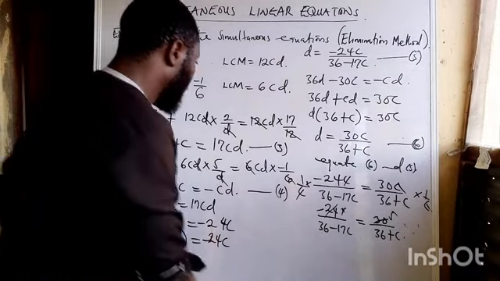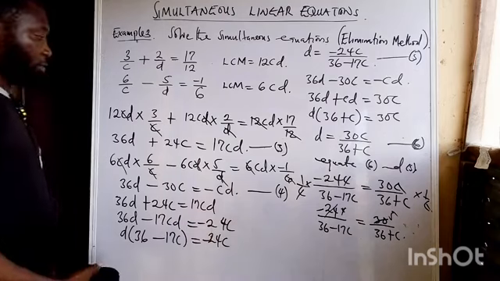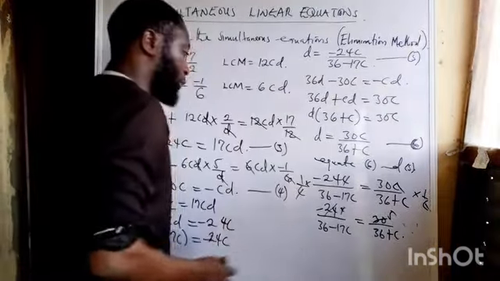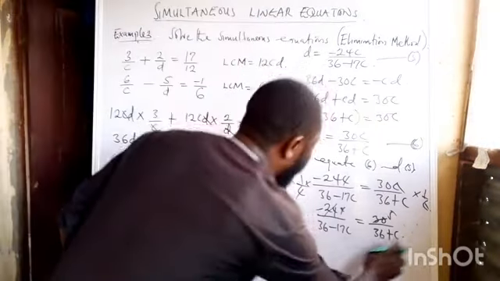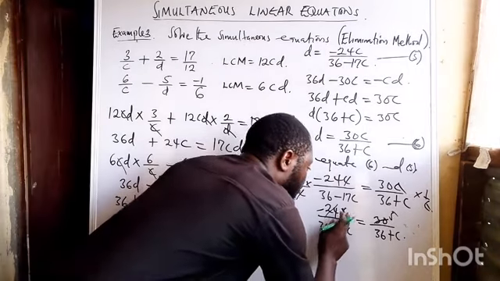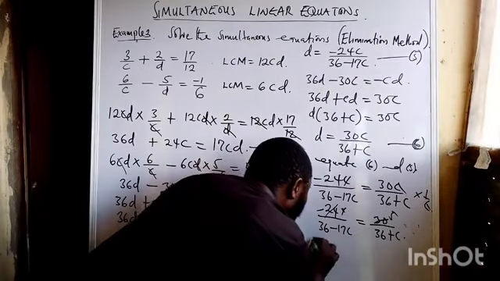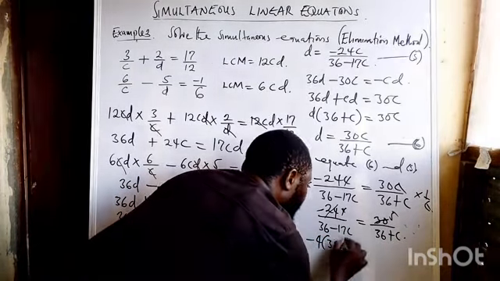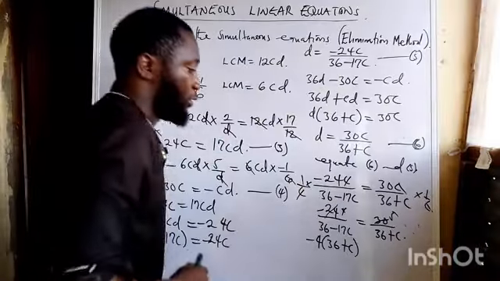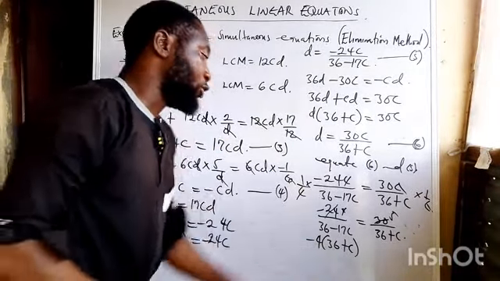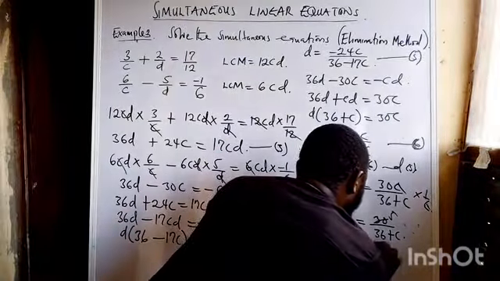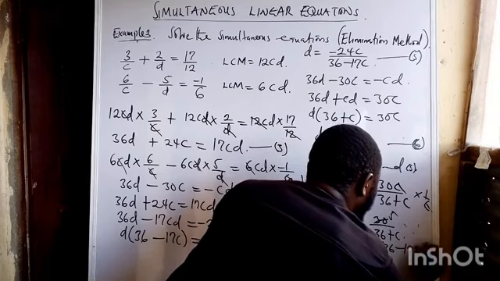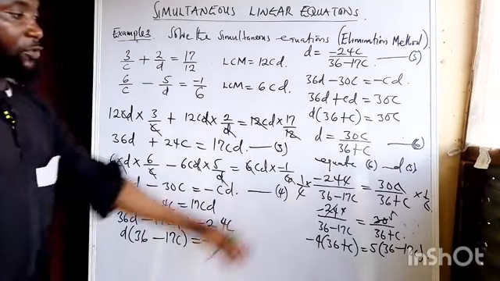Now let's cross multiply. If you cross multiply here, since this remains 4 now, we have negative 4 multiplied by 36 plus C. Cross multiply this also, so you have equals 5 open bracket 36 minus 17C. Now this is just a normal linear equation.